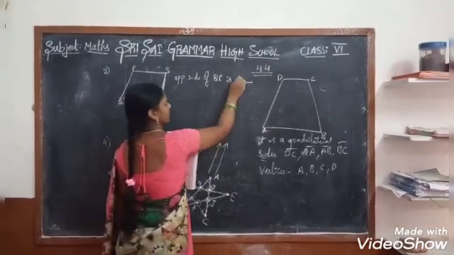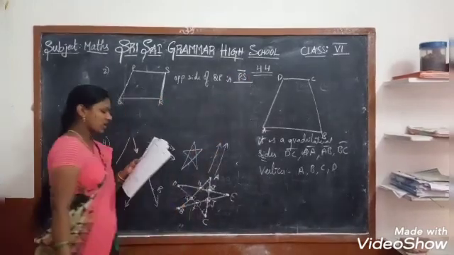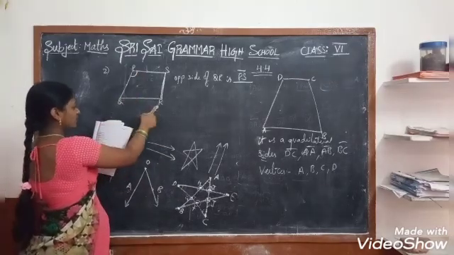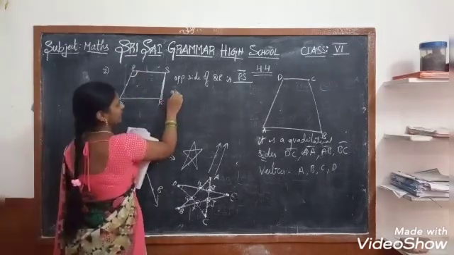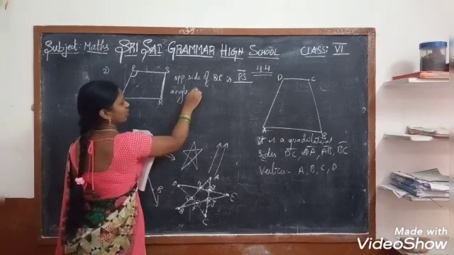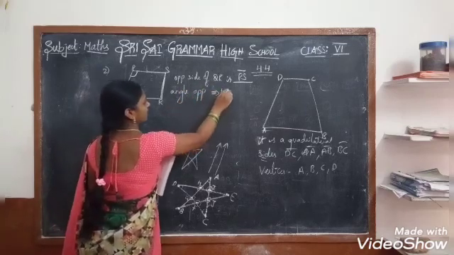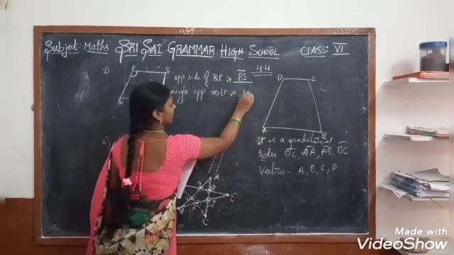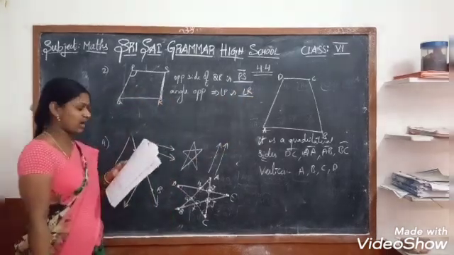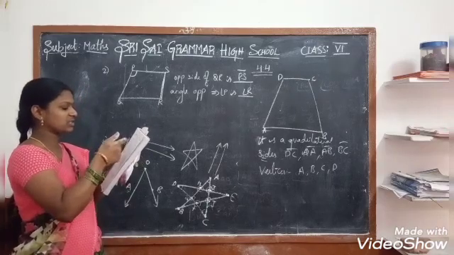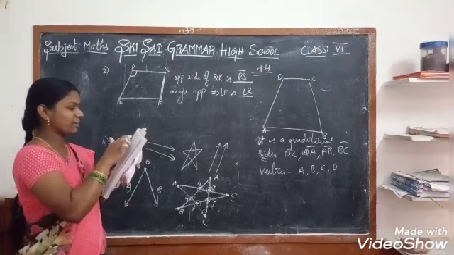The angle opposite to P is angle R. The angle opposite to angle P is angle R. The adjacent side of PQ is PS.